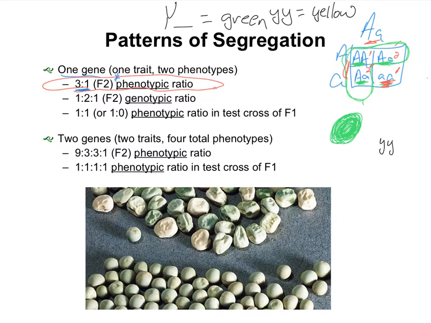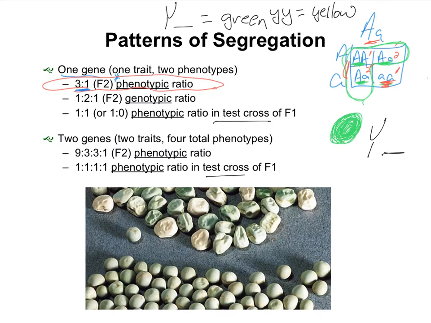Okay. And I'm just going to stick with one trait here, one gene. We could do it with two genes, but since we're talking about test crosses here, we'll do it with one, and then we'll go ahead and do it with the other. So with one gene, if we're looking at this seed that turns out to be green, this seed could be big Y or anything.